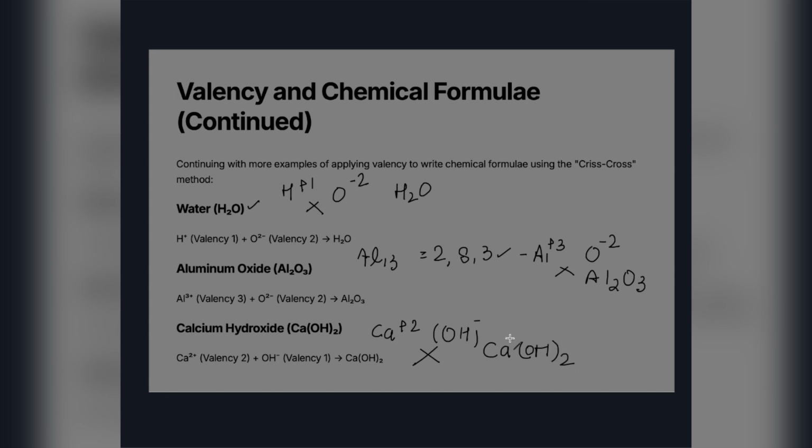We need to put brackets here because there is a group of atoms. So this technique ensures that the total positive charge equals the total negative charge in the resulting compound, maintaining electrical neutrality.